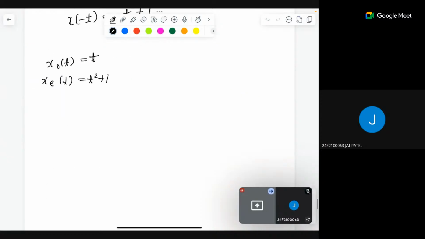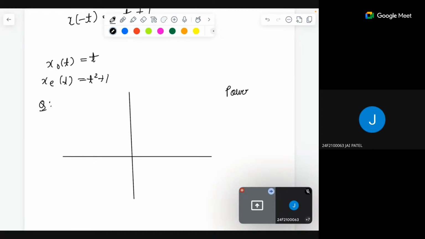We are running out of time. Okay, let us do this question and then we'll see if we can do more questions or not. So I'm giving you the graphical representation this time. I will also give you the analytical representation, and I want you to find the power of this signal. So it is 4 from minus infinity to 0.